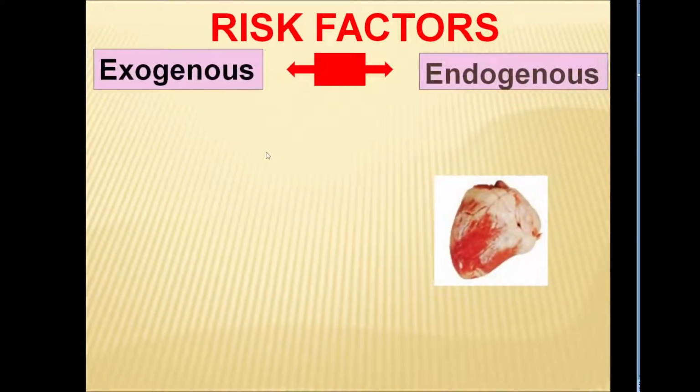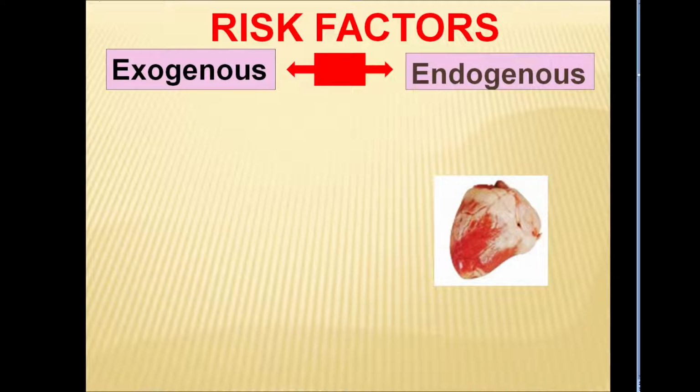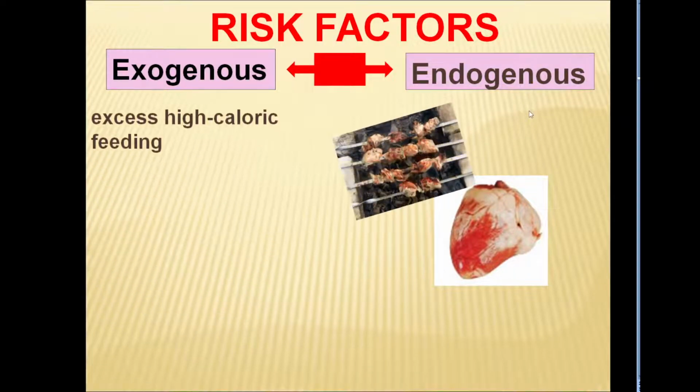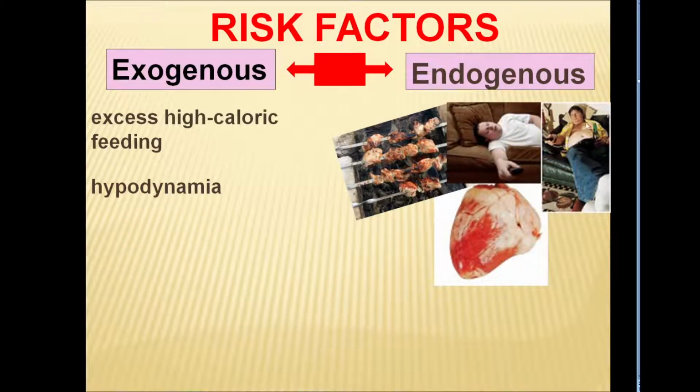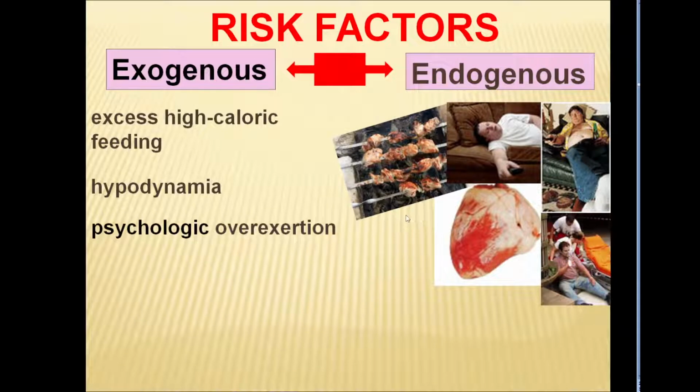Risk factors may be divided into two groups: exogenous, which may be regulated and depend on our vital activity, and endogenous, which are difficult to regulate. If we are talking about exogenous factors, the groups of people predisposed to ischemic heart disease are patients with excess high caloric feeding, patients with hypodynamia, with psychological overexcitation.